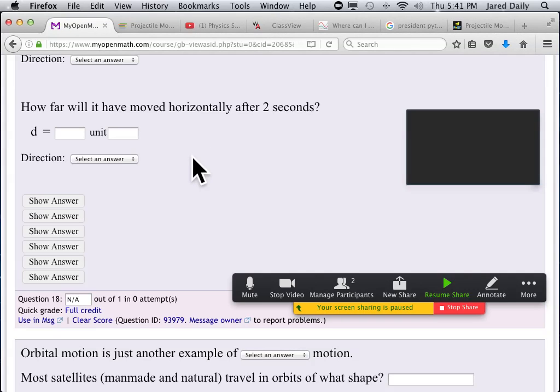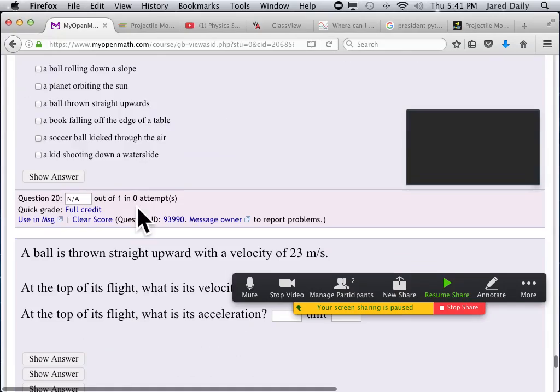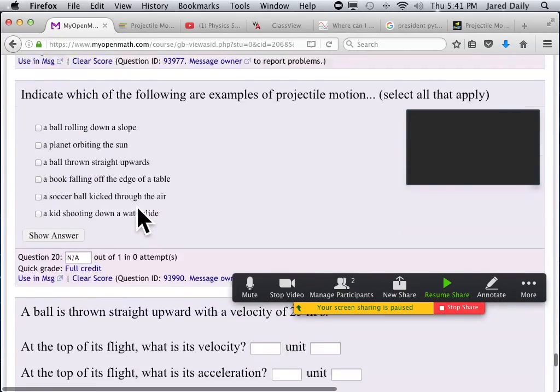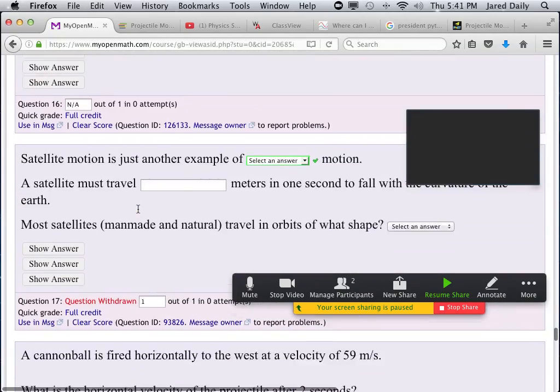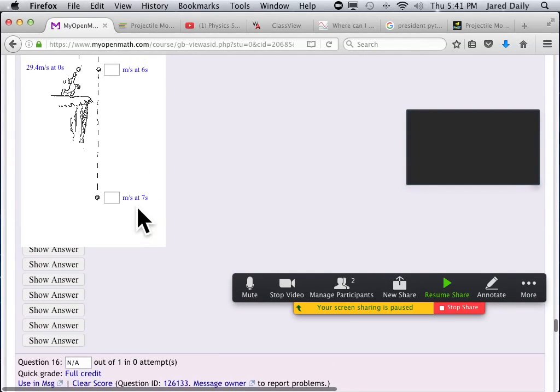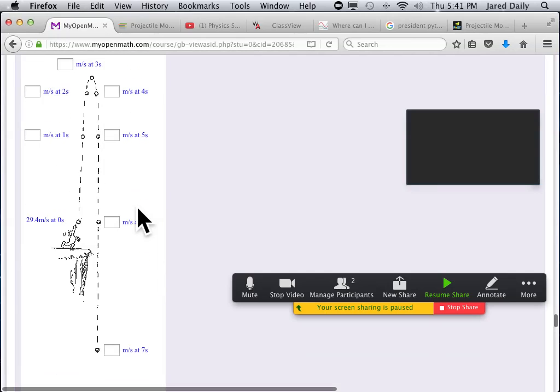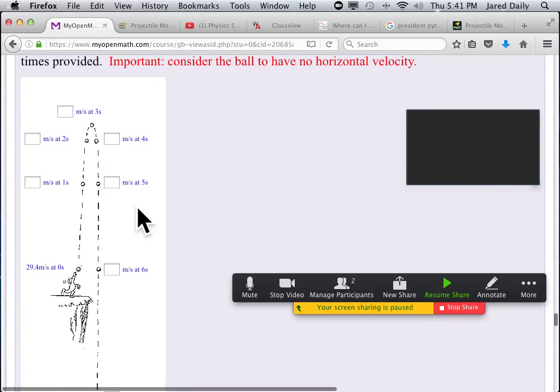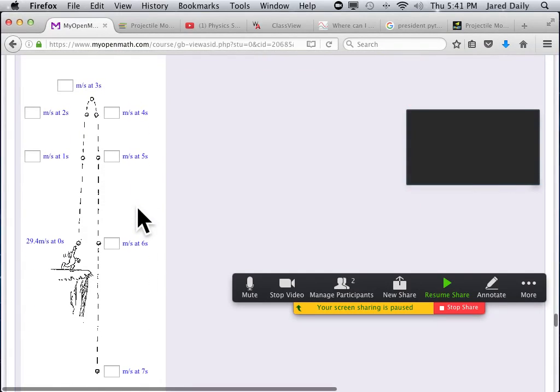Number 16. Okay, so in this one, you don't need any formulas. Oh, because it does want speeds, right? So in this one, it's all about a very simple equation. It's this one right here.